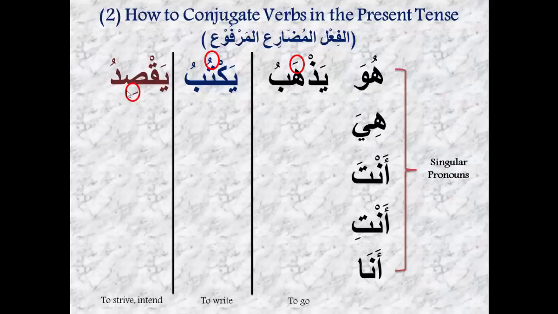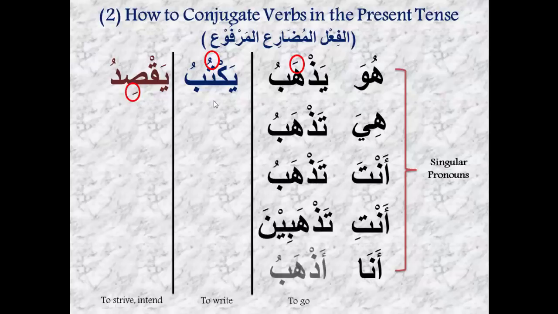So as we run through the conjugations for each of the singular pronouns, I want you to pay attention to the fact that this middle vowel, the ha with the fatha, ta with the dhamma, and the sad with the kasra, this middle vowel is preserved all the way down. It's not going to change because it's an essential, inherent characteristic of the verb itself. So let's start. Hiya tadhhabu, anta tadhhabu, anti tadhhabina, ana adhhabu.